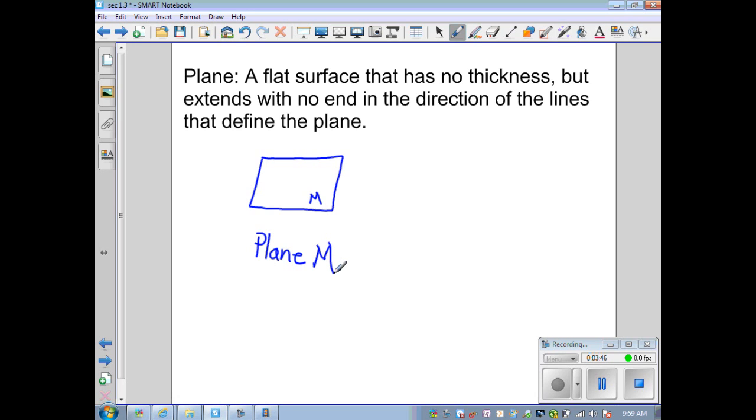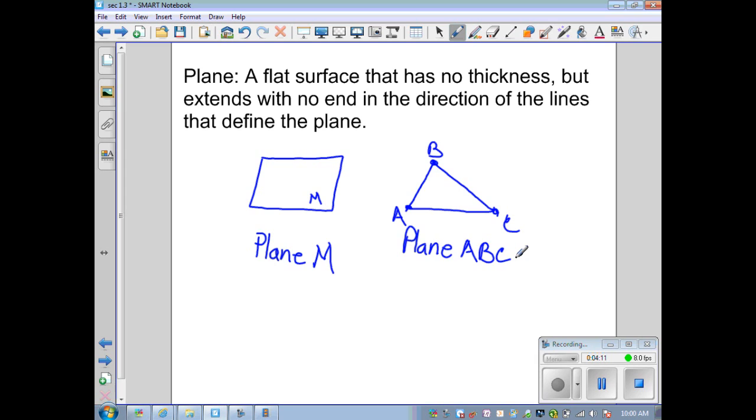Or what we could also do is identify a plane by its points. For example, if I created this triangle, and again, points are represented with capital letters, I could call this plane ABC.